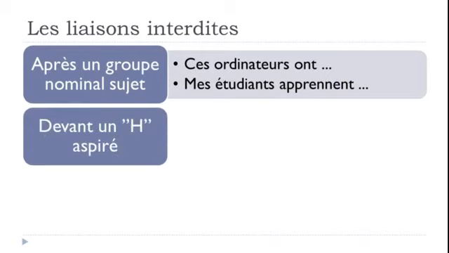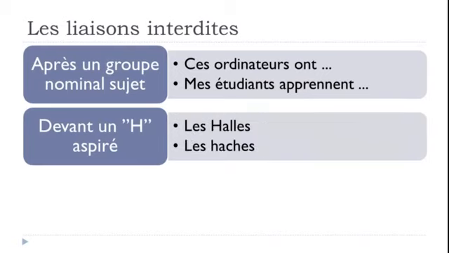And then, this is quite interesting because it's what we call un H aspiré. For instance, in this case, I put it in a big letter because it's a place in Paris.